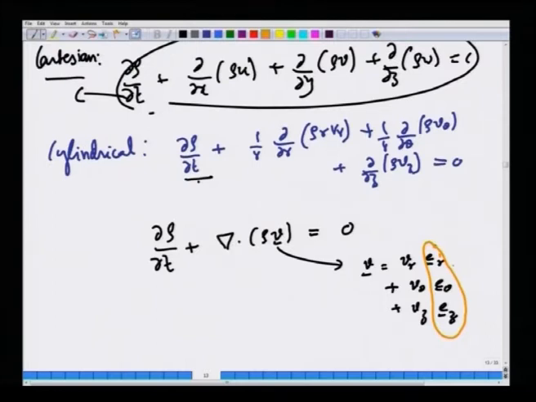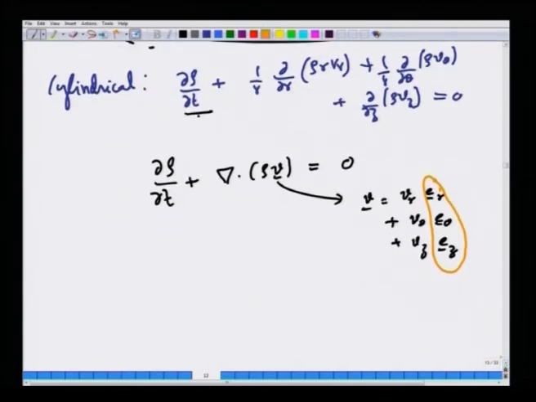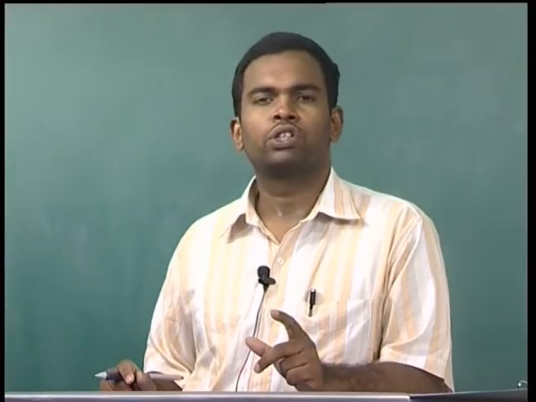So, those will also contribute in your continuity equation. That is the simple reason why the continuity equation looks different in cylindrical coordinate system when you compare it with Cartesian coordinate system. Cartesian coordinate system is particularly simple because the direction of unit vectors do not change as you go along a given coordinate direction. So, that is the reason why that happens.